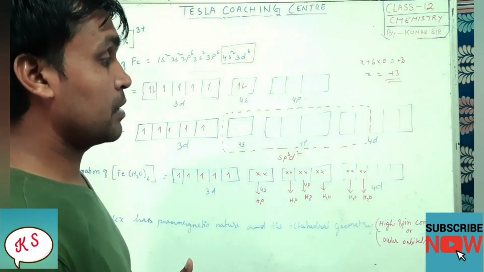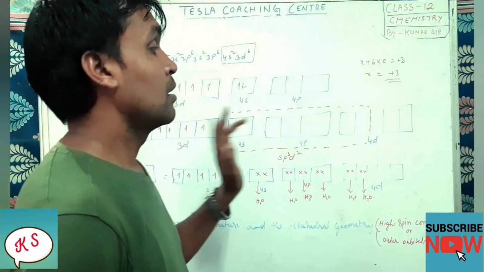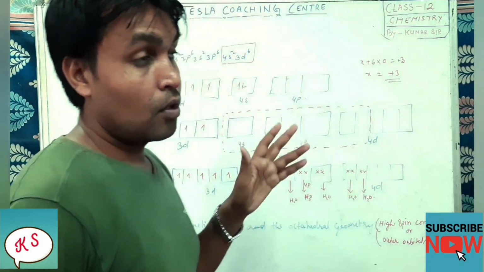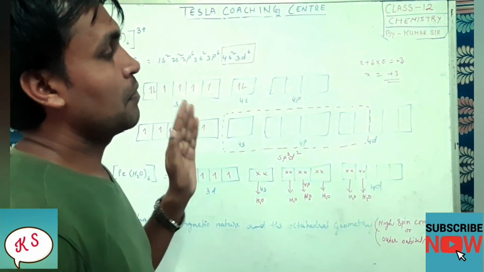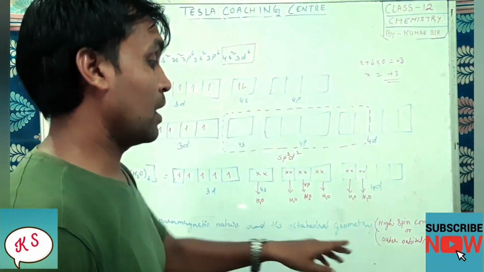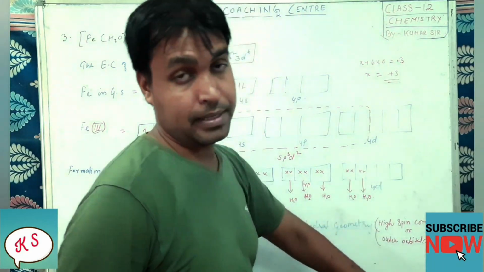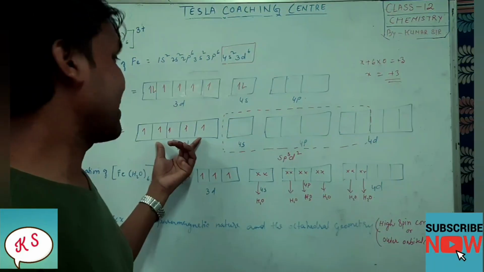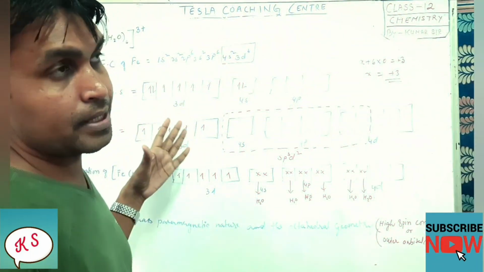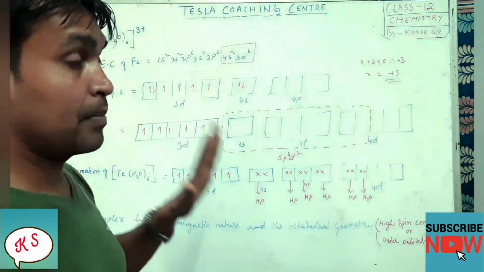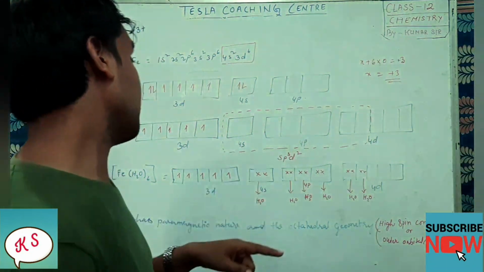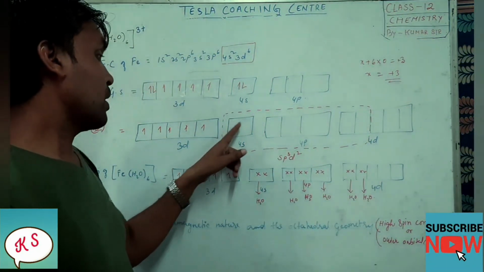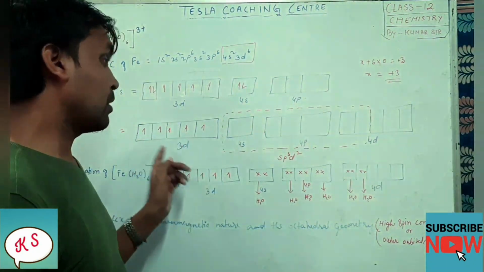Now remember, dear students, since we are taking d orbitals from the outermost, it is called an outer orbital complex, or a high spin complex. As a result, there will be no excited state here. Remember that. Again, there is no contribution in hybridization from the inner orbital.